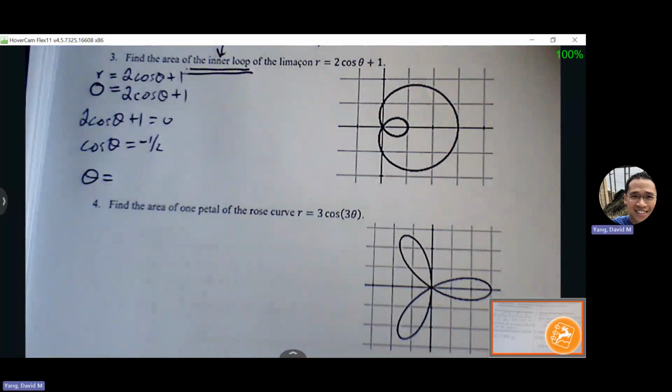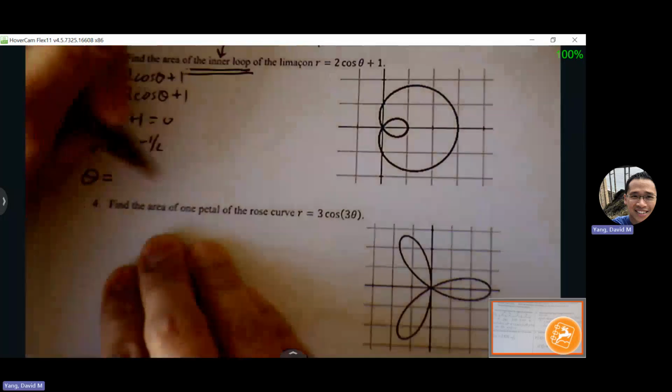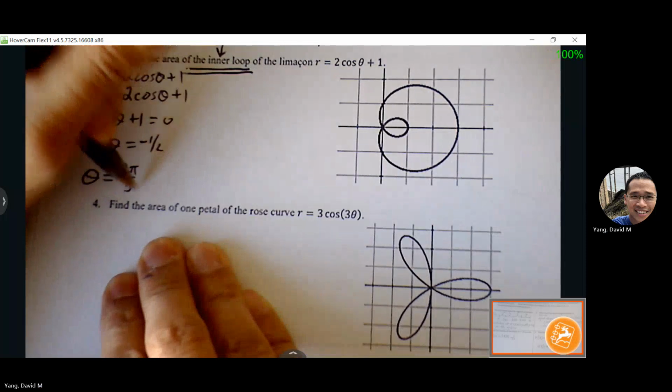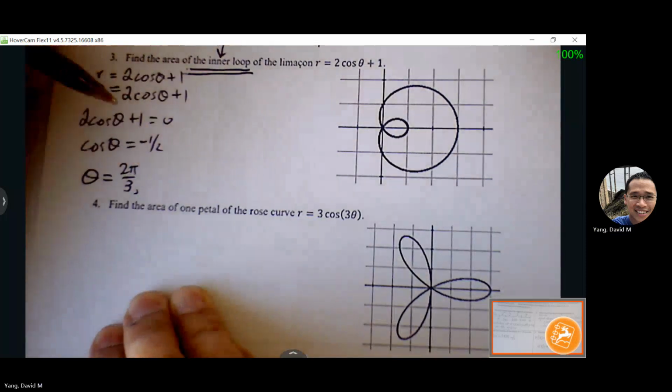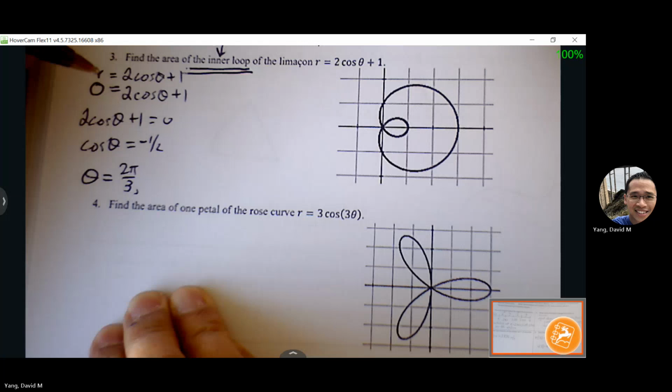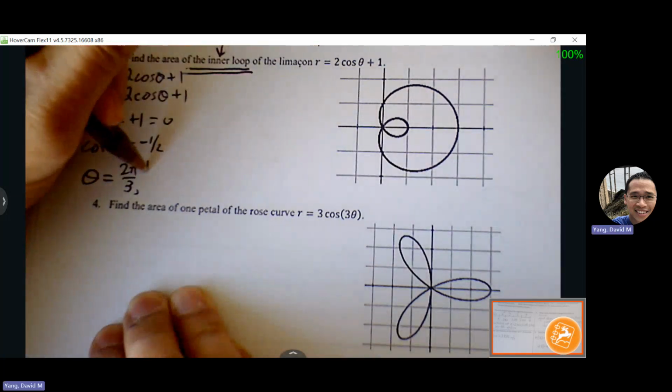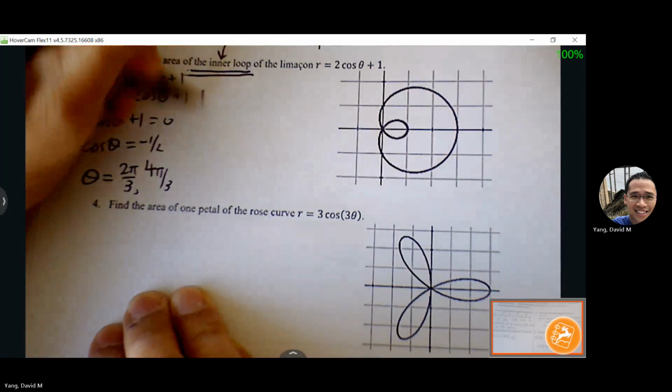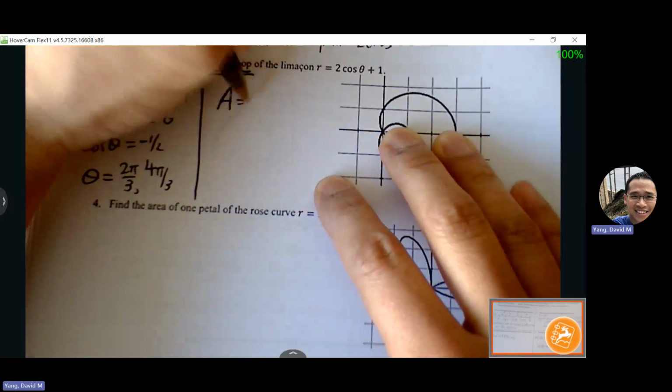Okay, so where's cosine equal to negative 1/2? Yeah, second and third quadrant, right? So here's our area formula.